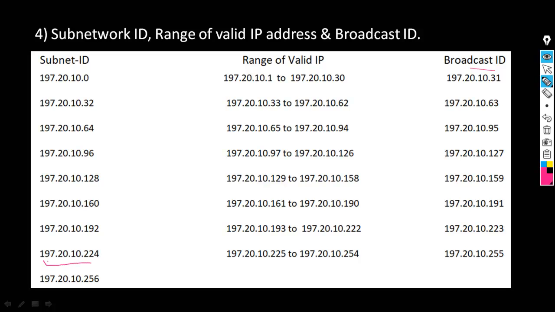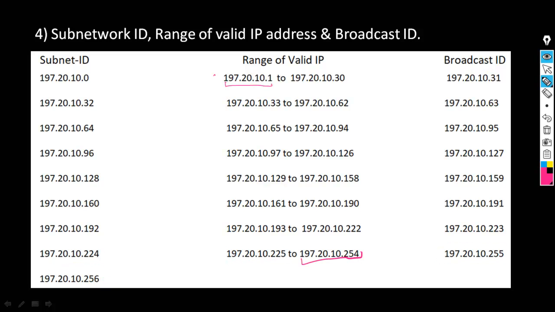Since 197.20.10.224 is our last subnetwork, the range of valid IPs for this subnetwork will be 197.20.10.225 to, subtracting 2, 197.20.10.254, and 197.20.10.255 will be reserved for the broadcast ID.